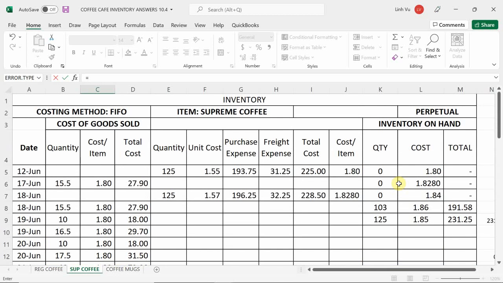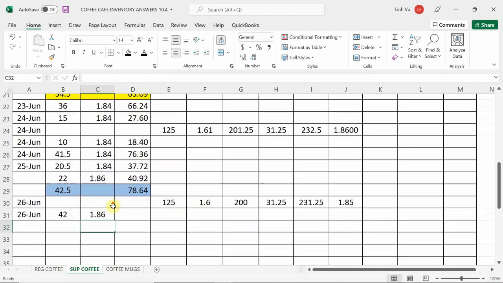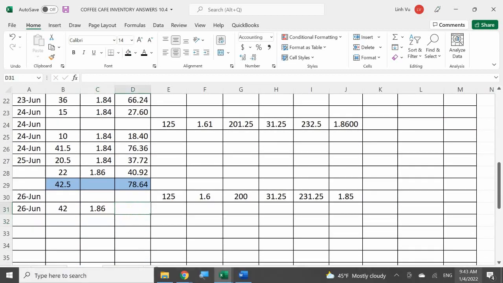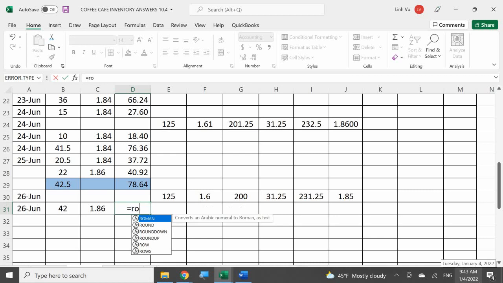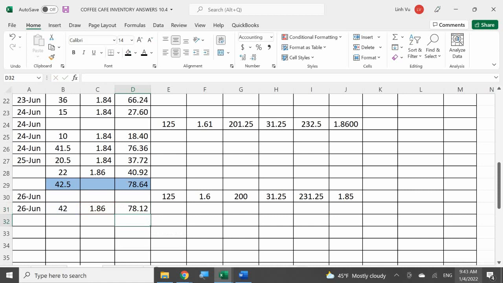The 103 at $1.86. So therefore, what is my total cost of goods sold going to be here? $78.12. Okay, so 42 at 78.12.